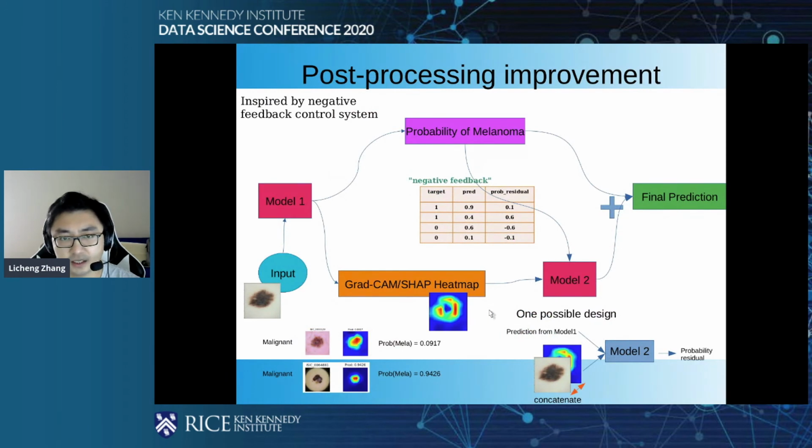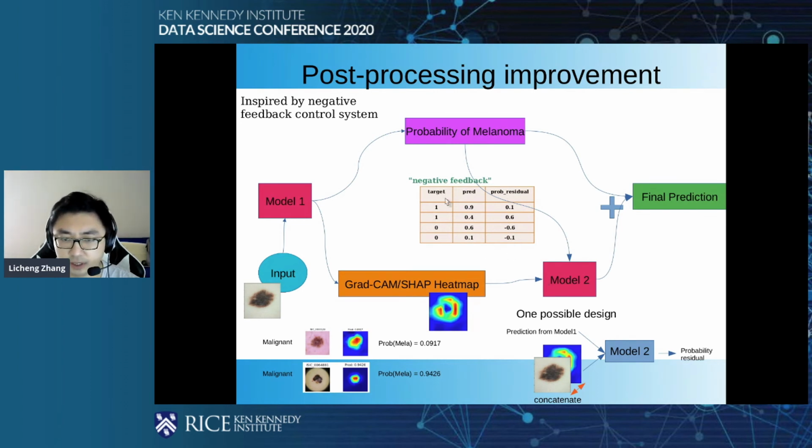And the second idea is about post-processing improvement. This is inspired by the negative feedback loop in control theory. So we can train a very decent model, but no matter how good the model is, you always have some false positives and false negatives. So we are trying to train a second model that targets the probability residual.